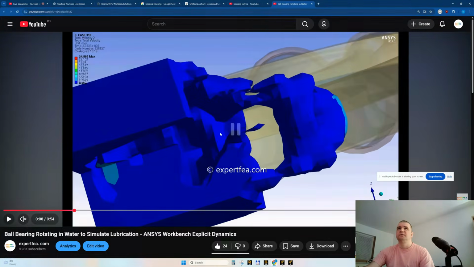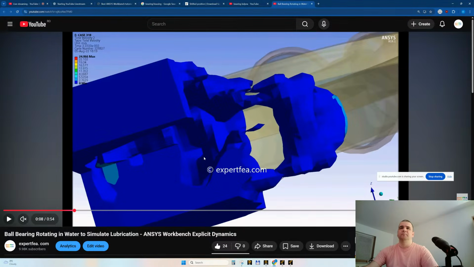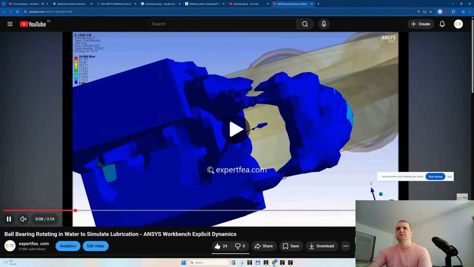So to answer the question, it's not possible in ANSYS Workbench explicit dynamics. At this moment, I don't see how we can simulate the cooling of an assembly being heated due to heat dissipation, which occurs during frictional movement.